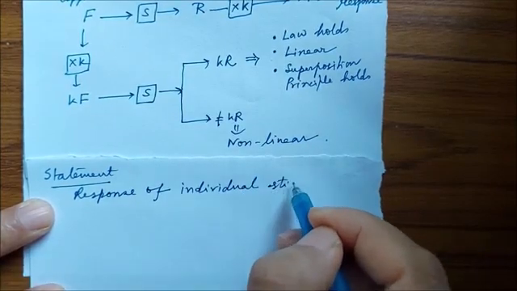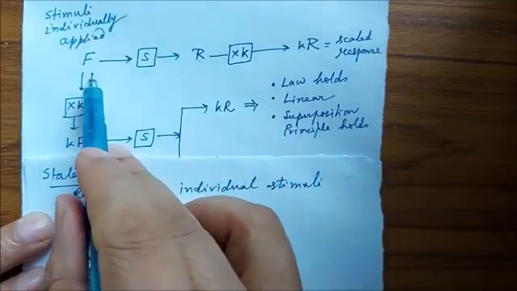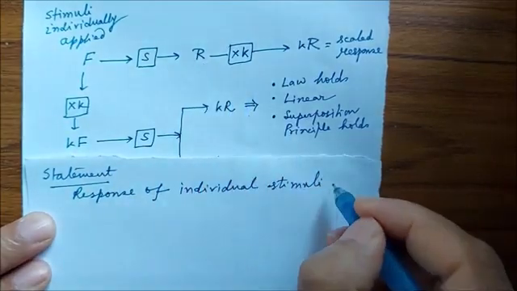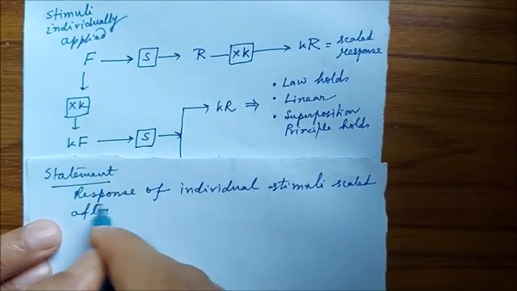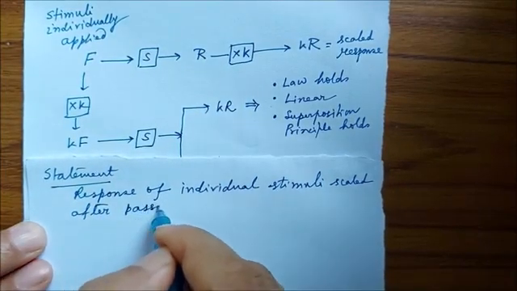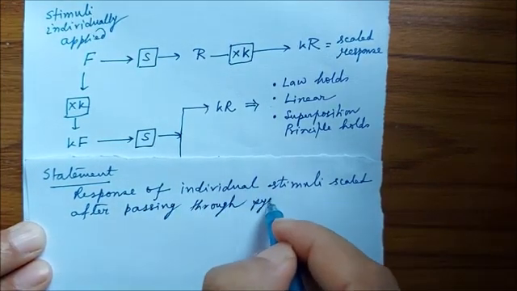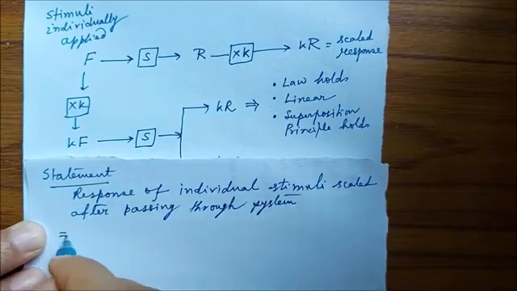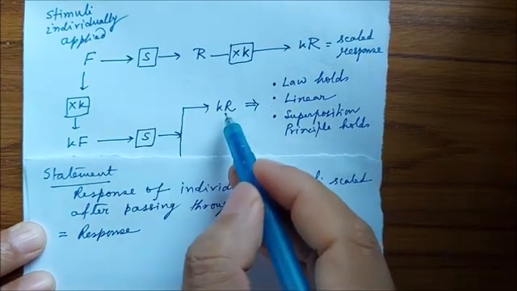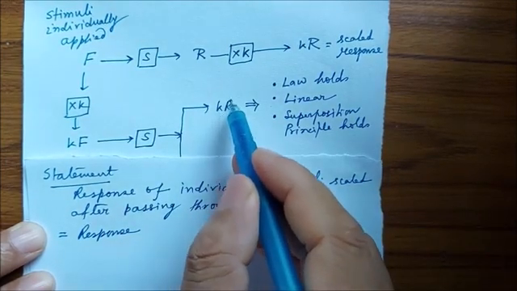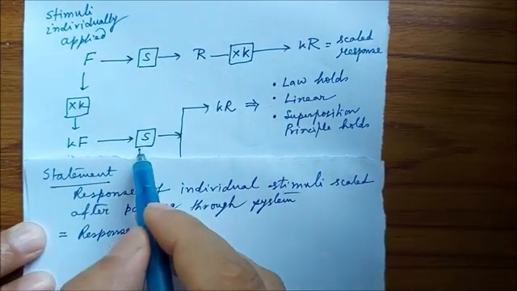The response of individual stimuli, which is scaled after passing through the system, is equal to the response of stimuli which is scaled before it is applied to the system.